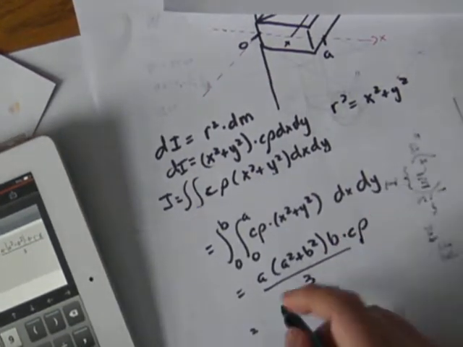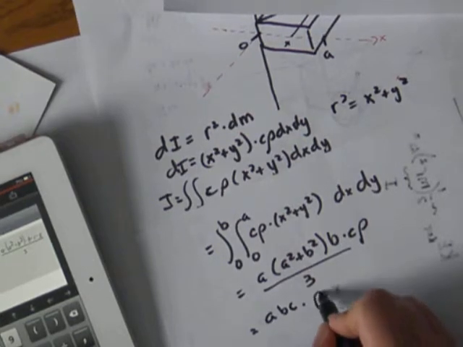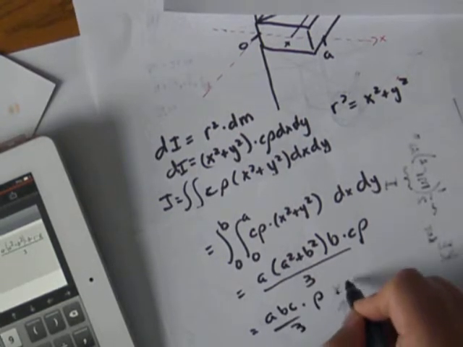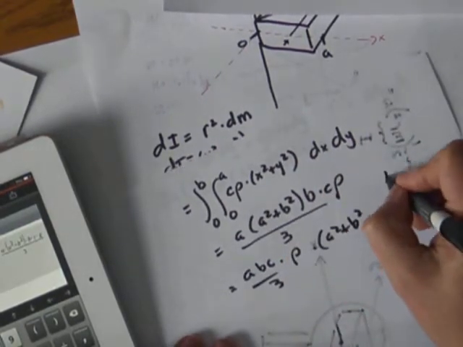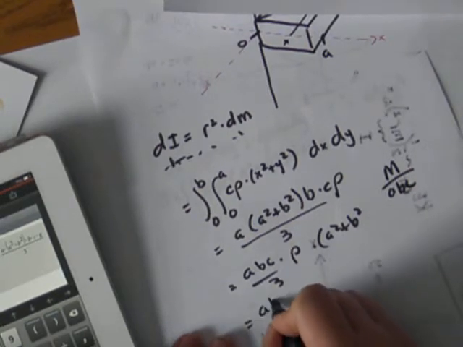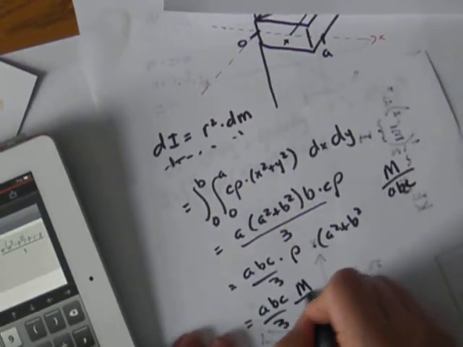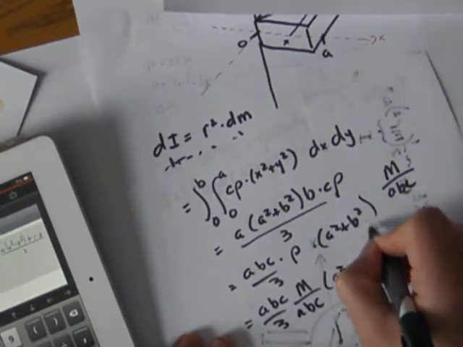And so I can combine a, b, and c over here, times rho over 3 times a squared plus b squared. Remember, rho is just going to be the mass divided by the volume of the slab. So I've got a, b, c over 3, times mass divided by a, b, c, times a squared plus b squared.